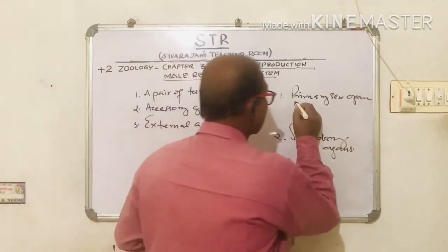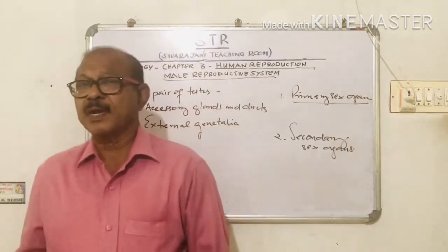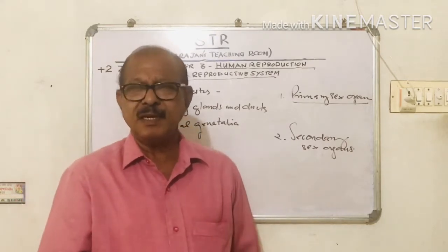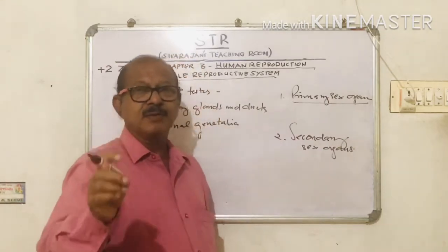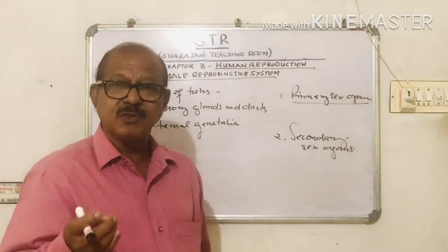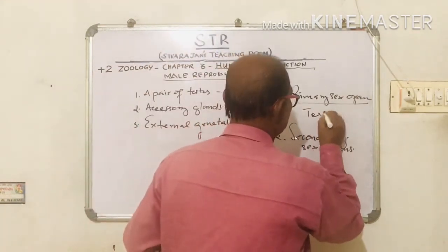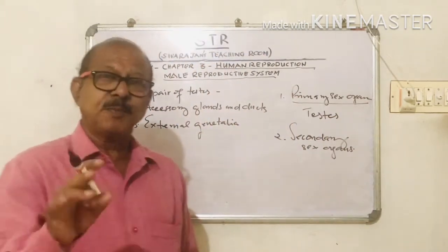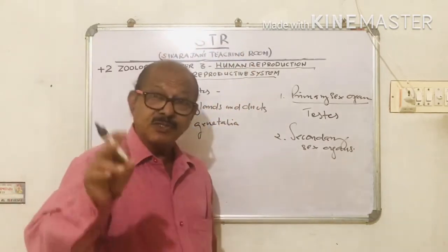What is a primary sex organ? A primary sex organ is the organ which produces the gametes and also produces the hormones. In the male reproductive system, it produces the sperms and also the male hormones, and it is the testis. So testis produces sperms, the male gametes, and testis produces the male sex hormone, testosterone.